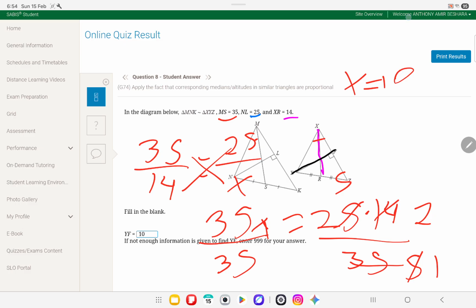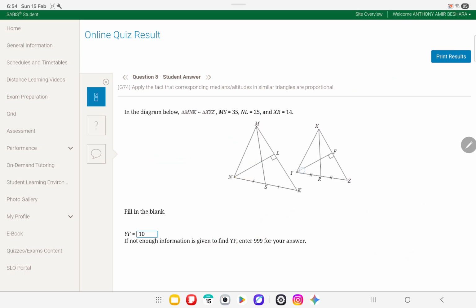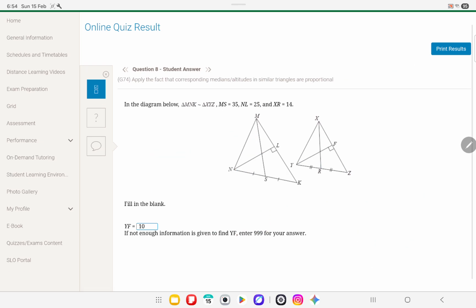So x is 10. And x is YF, by the way. So again, we did red over red is equal to blue over blue, and then we did cross multiplication. That's it.